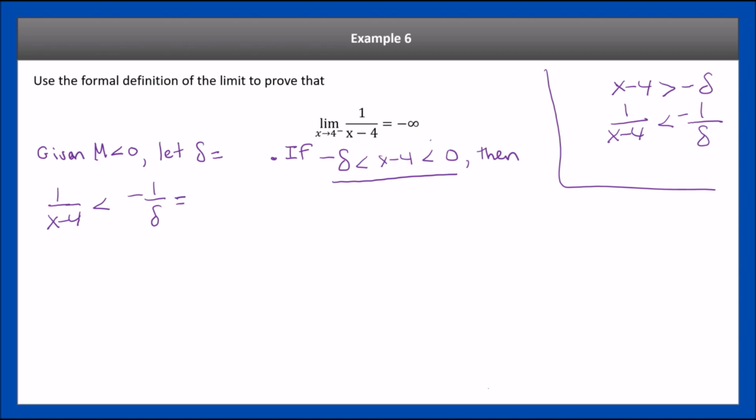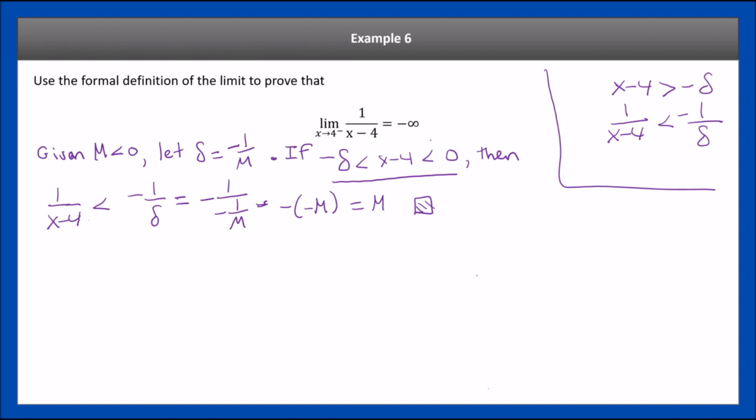So what you could do is say that delta is negative 1/m. And then when you do that, the m flips, right? So this will flip up to the top, and you'll get m, and so that will be the end of the proof. Okay, so we've shown that it's less than m, which is what we wanted to show, and let delta equal negative 1/m.